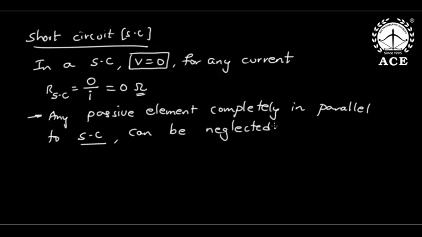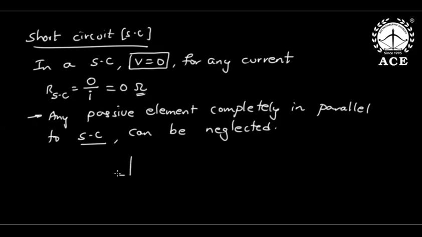In a short circuit, the voltage across shorted terminals is zero for any current. That does not mean that voltage is zero and current is flowing. No, the voltage across shorted terminals is zero for any current bypassing it. The remaining current depends upon the remaining path resistance. Any passive element completely in parallel to a short circuit is neglected.